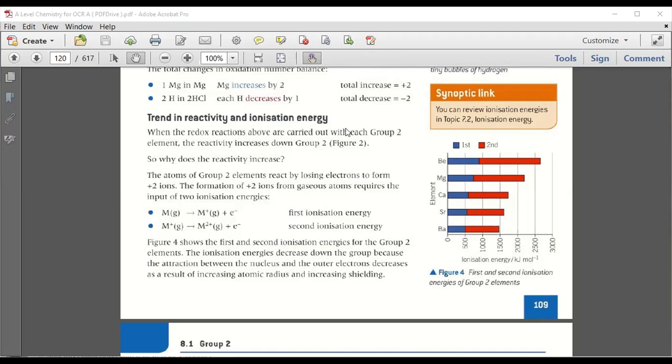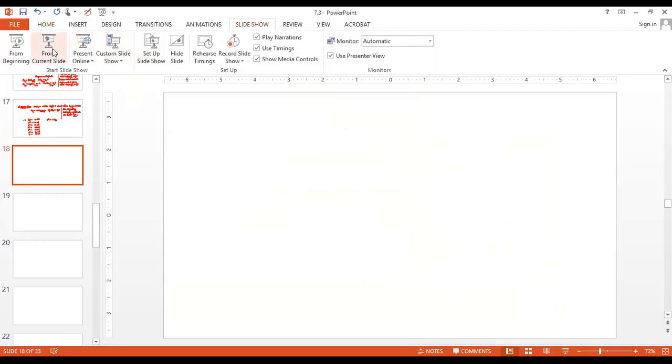See this. Group 2 elements. Is this visible? Suppose this is the nucleus. As the atomic number increases, the number of shells is also increasing from top to bottom.